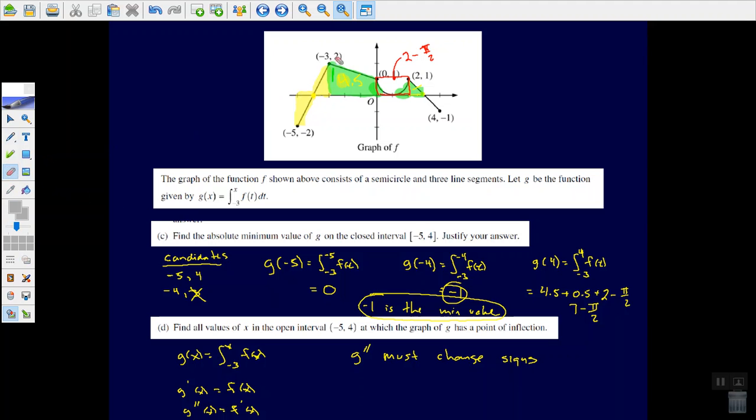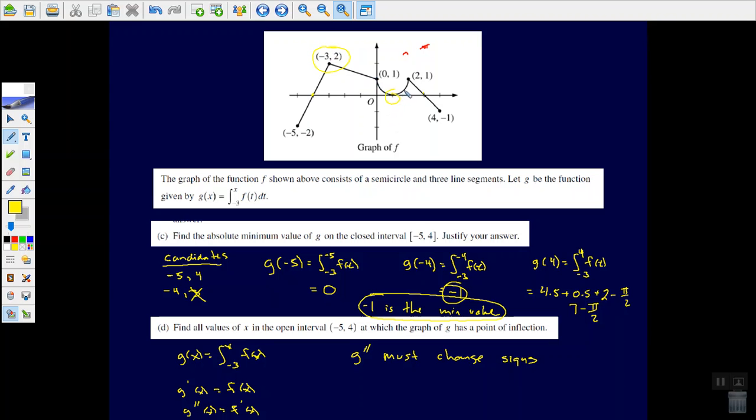Let's just erase some of this other writing so we can see it all clearly again. And this time, this graph goes increasing to decreasing here at negative 3. It decreases all along this line segment. It decreases along the first part of the semicircle. Then it changes to increasing. So I've got another spot right there.